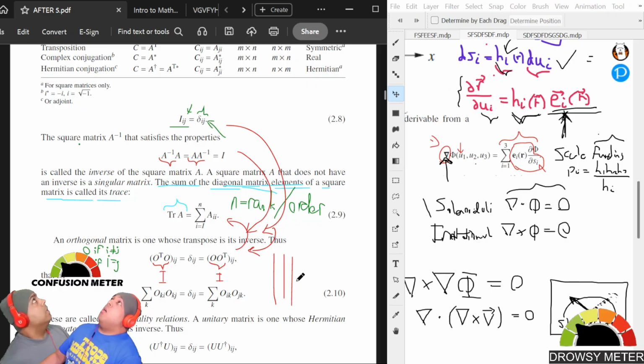All right, let me draw this. Let's say i is 2 and j is 3. Summation over k means... we're dealing with inverses, so this has to be a square matrix. So let me change that. Square matrix.